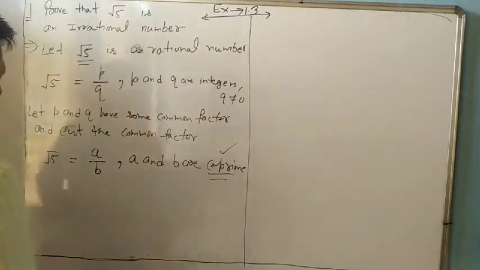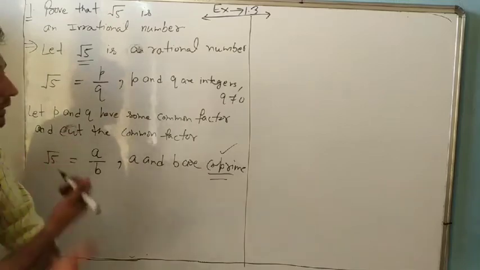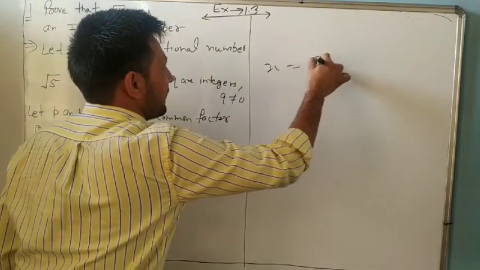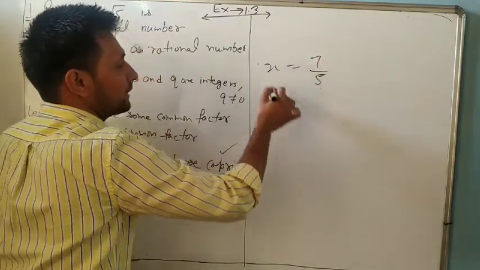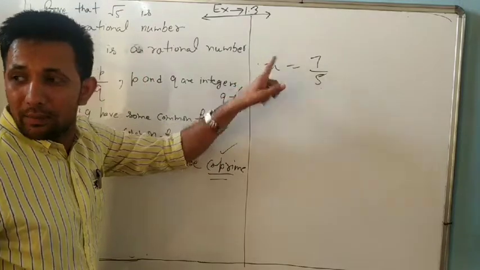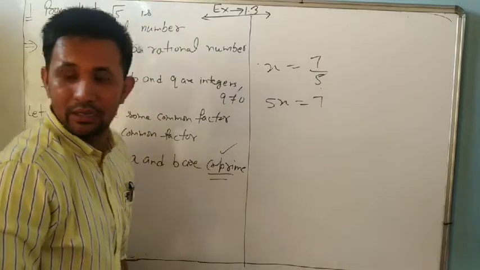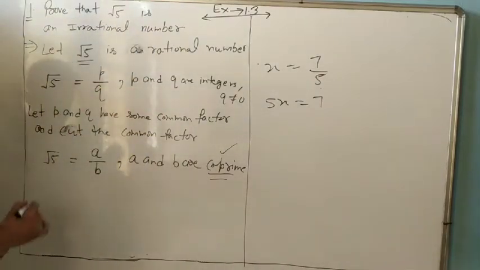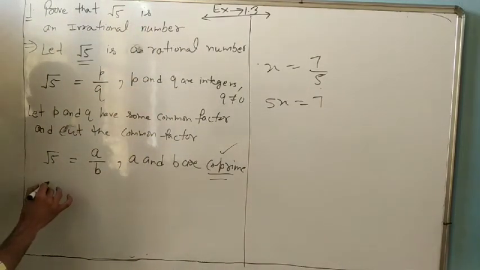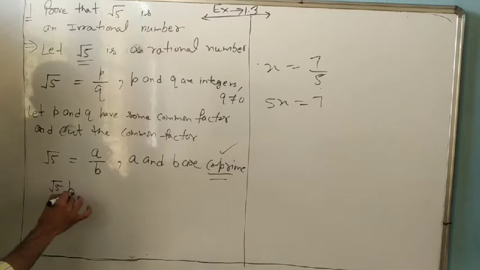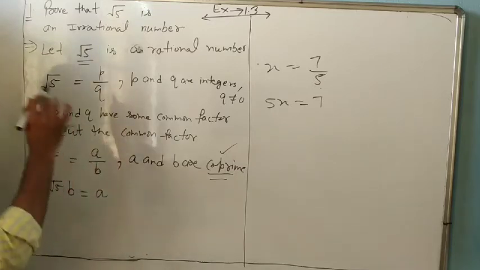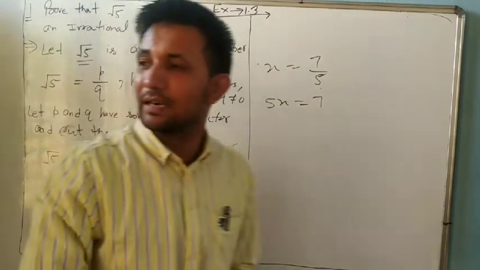Look now. Now we will do cross multiplication. Root 5 divided by 1 equals A by B. Can you write it with B as the denominator multiplied across? Root 5 into B equals A. Understand?